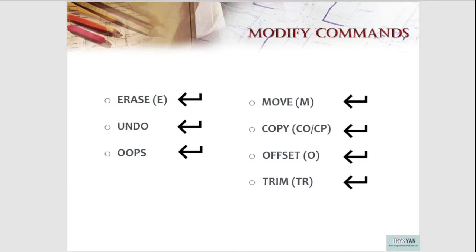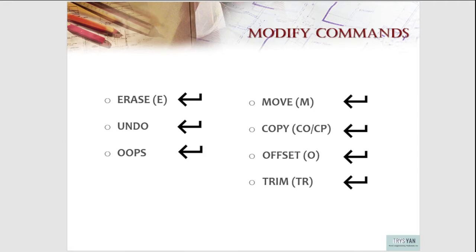After we input the offset distance, we will select the object that we want to offset. When we select the object, you will click the left button of your mouse on whichever side you want this line to be copied. I want it to be copied downward, below the previous line, so just click downward.